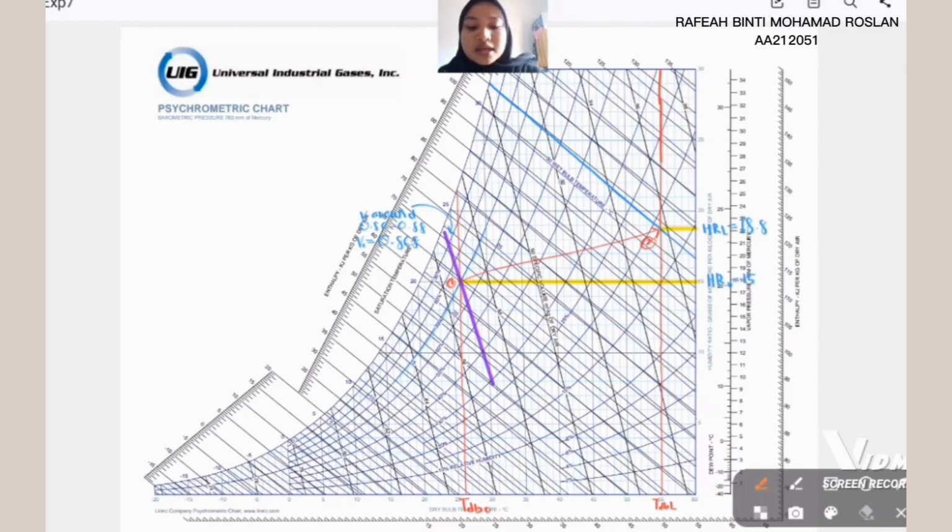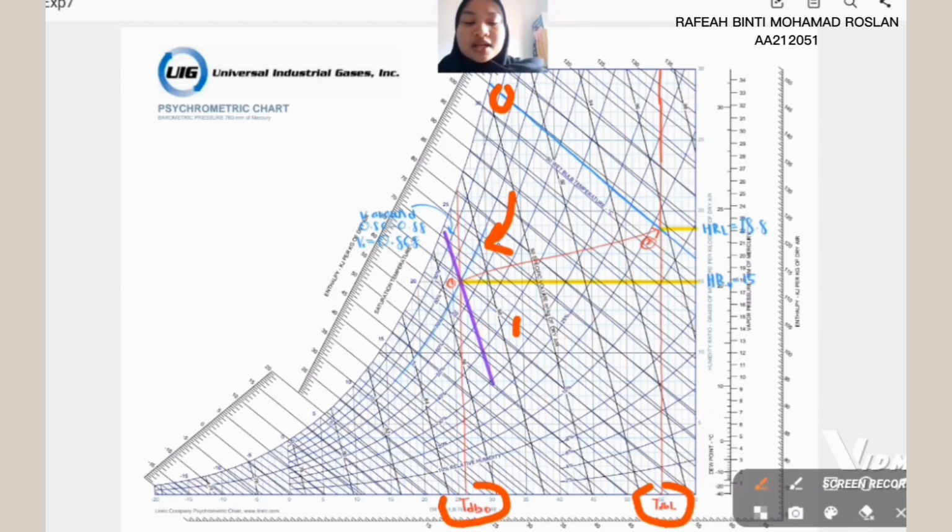As given in the question, we can plot the dry bulb temperature for 55 degrees Celsius and for 26 degrees Celsius. For 55 degrees Celsius dry bulb temperature, the wet bulb is 31 degrees Celsius, and for 26 degrees Celsius we have the relative humidity. Here the blue line is 70%.